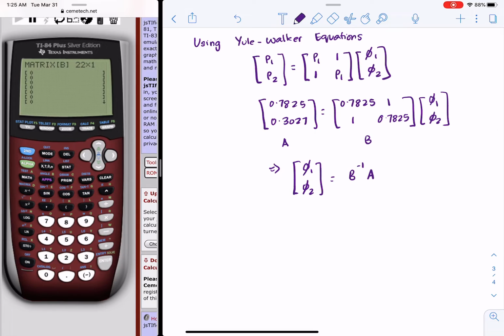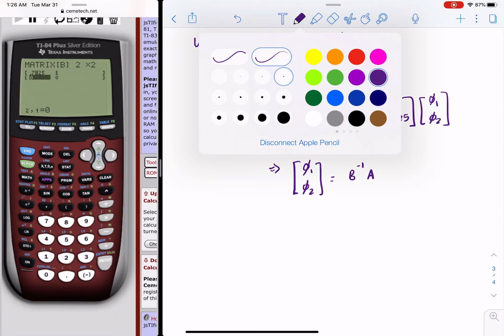And the values are 0.7825, 1, and excuse me, I have this backwards. It's 1, rho 1, and rho 1, 1.